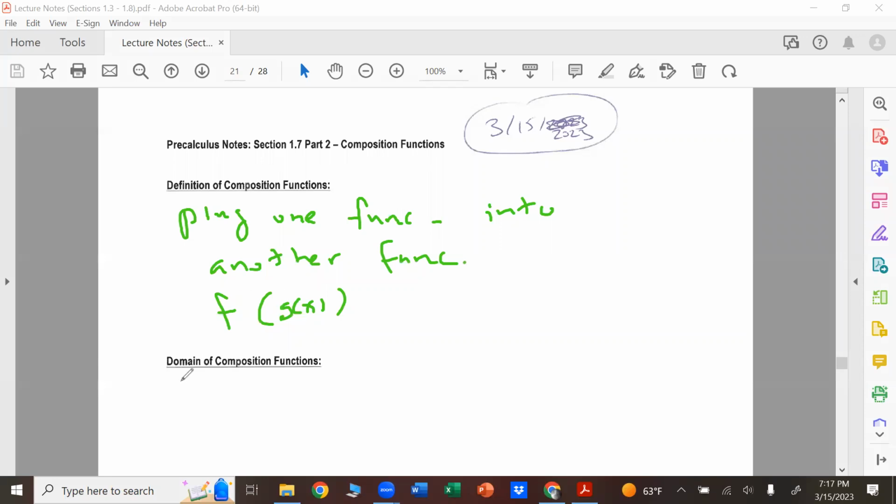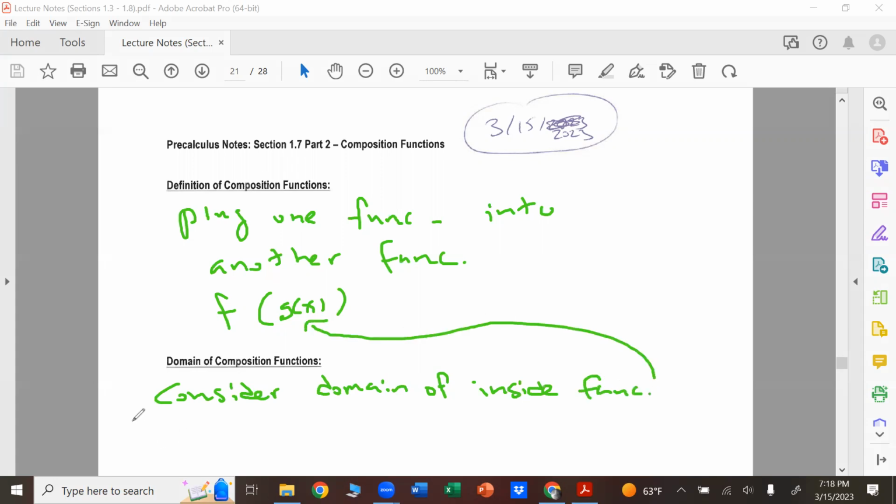Now, domain, you're going to have to consider the domain of the inside function. In this case, the inside function would be g of x. Also, consider the final expression that you get when you work things out, and any of the intermediary steps.